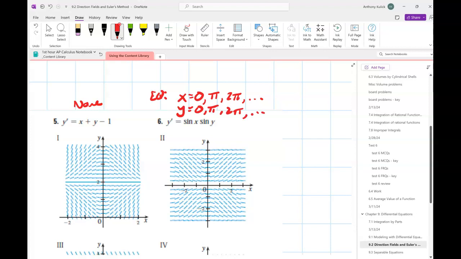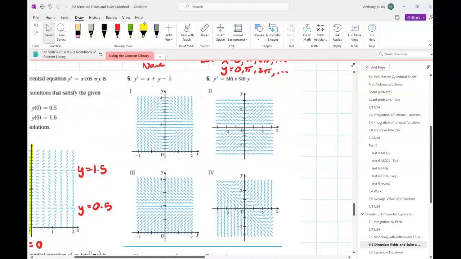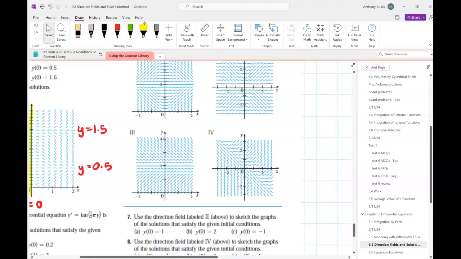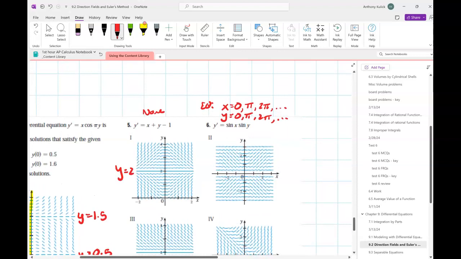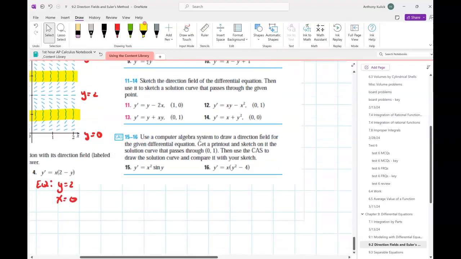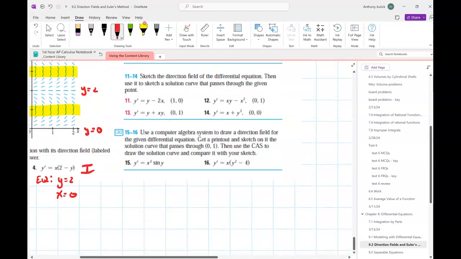Okay. So I notice here that none of my 3 equations have the exact same equilibrium values, right? So that's what I'm going to use for my separator. If I look here, I see this one has y equals 2 and x equals 0. So that one would have matched up with number 4.